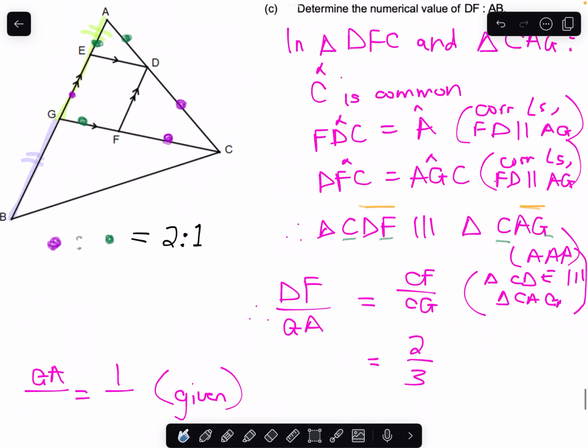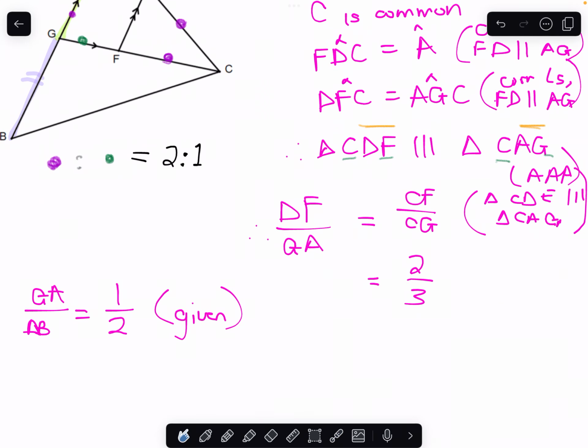I care about AB, because that's where we're trying to get in the question. So the ratio of GA to AB is 1 to 2, because it's given to us subtly. We're told that these two are equal, so the ratio of this side to the whole of this side is going to be 1 to 2. If this whole side is 10, then this is 5. Or if this whole side is 100, then this side is 50.